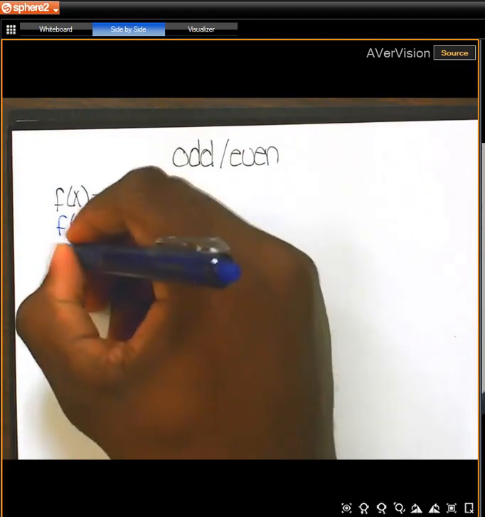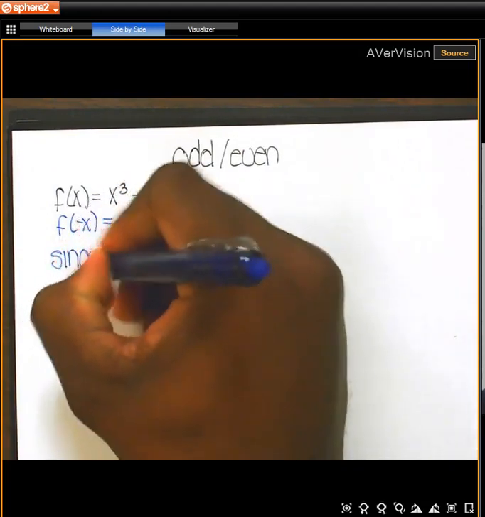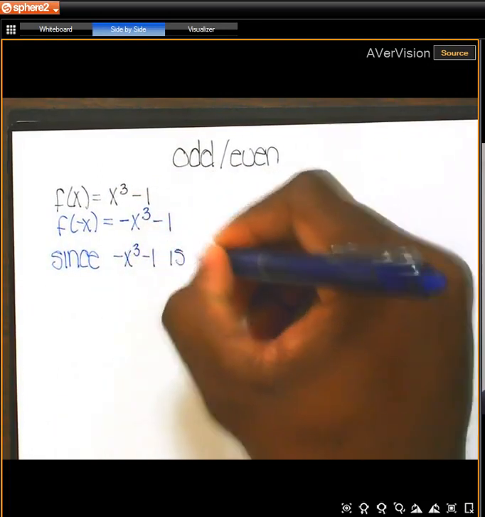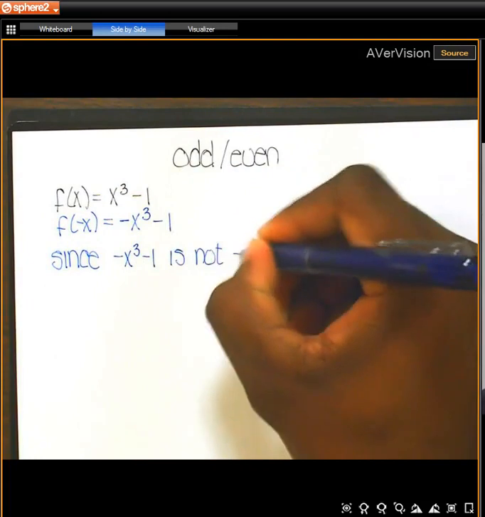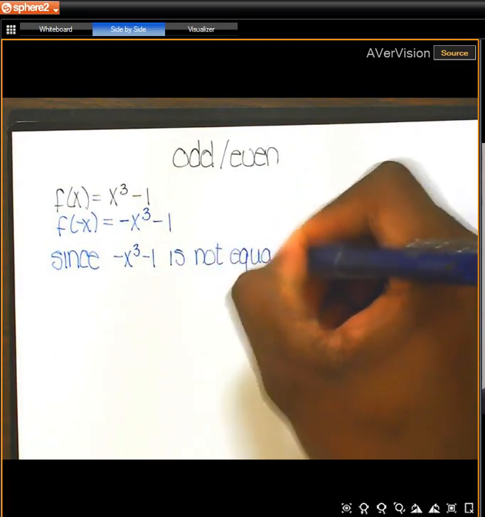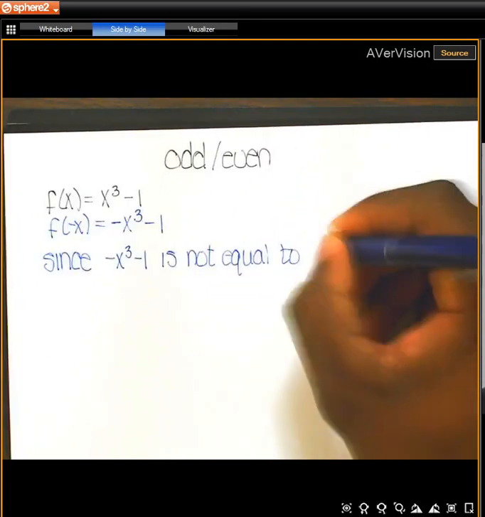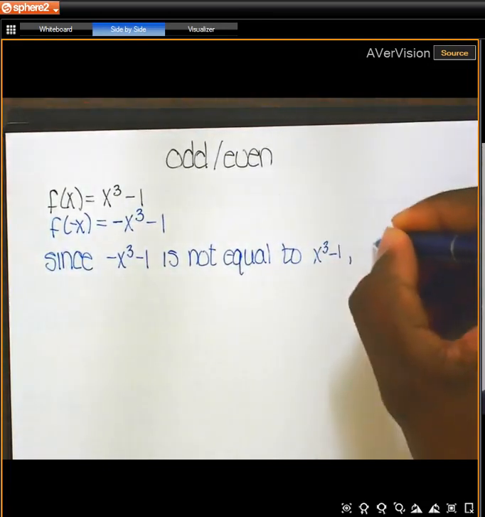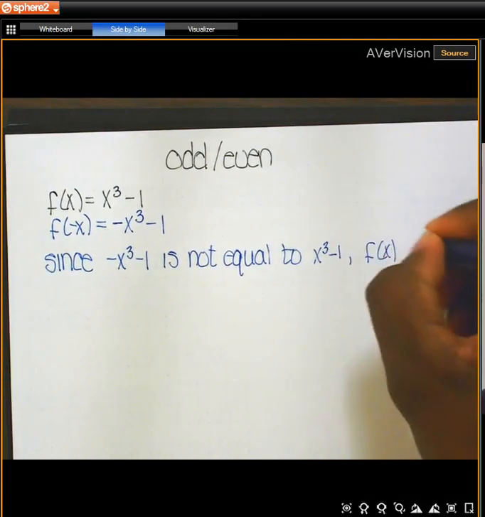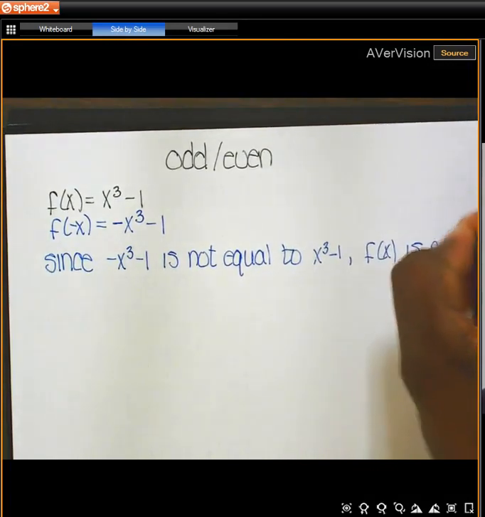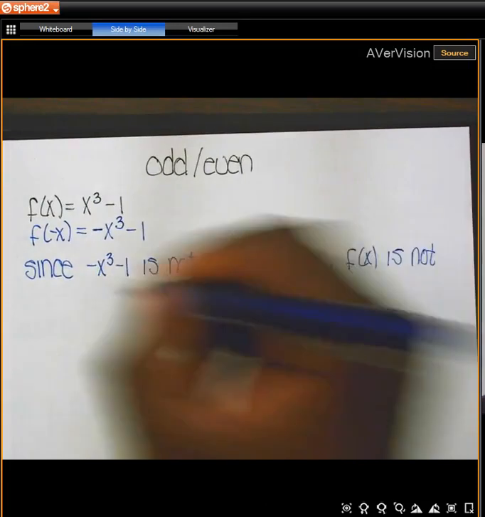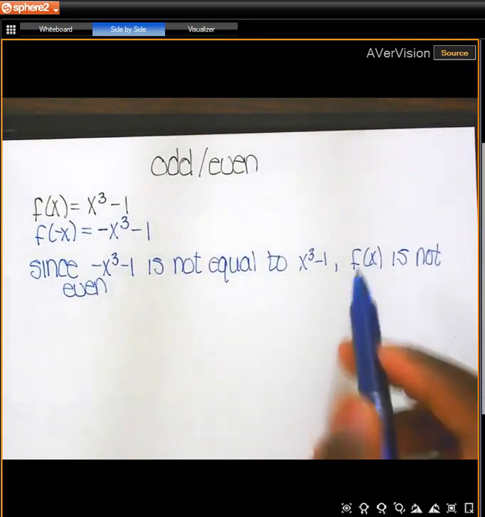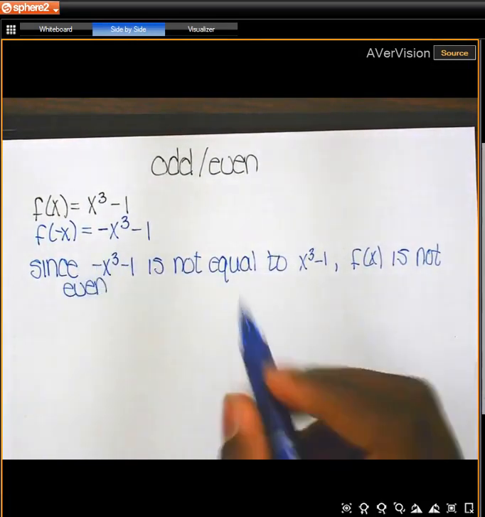No. All right, so if we factor out a negative, what happens?